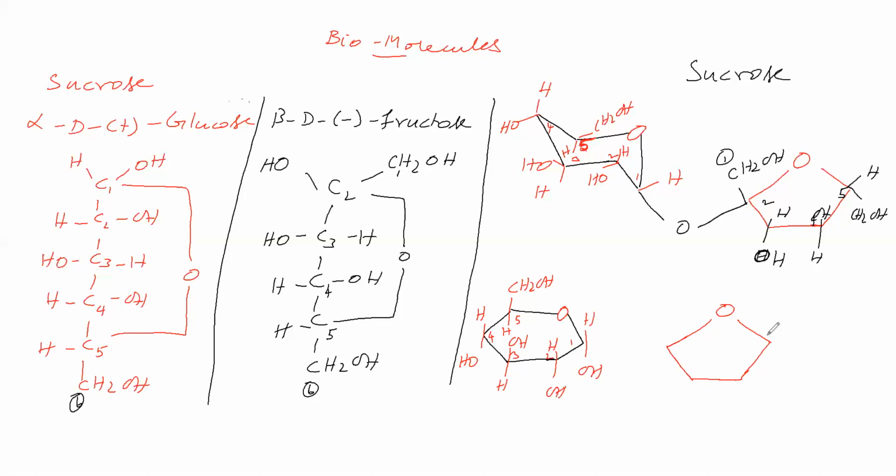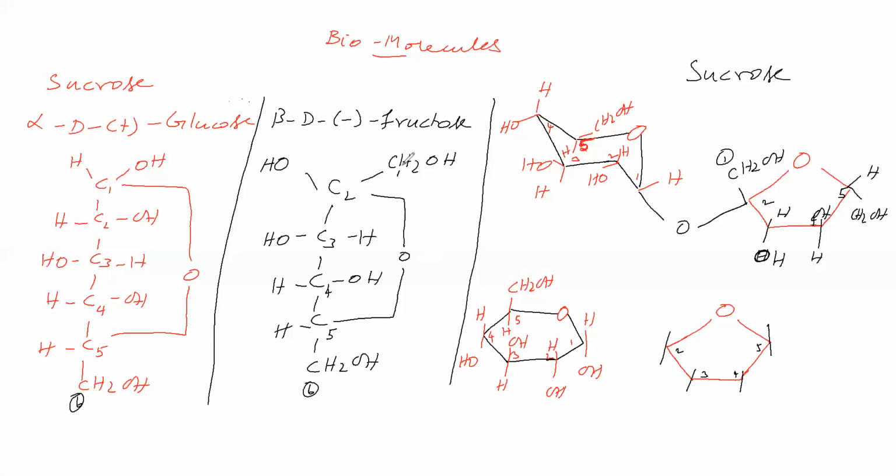In the beta D minus fructose, here it is second carbon, it is third carbon, it is fourth carbon, it is fifth carbon. Generally, we will give numbering like this, but we will give numbering in an opposite way here. So how to give the numbering: 2 here, 3, 4, 5, like this we will give numbering.